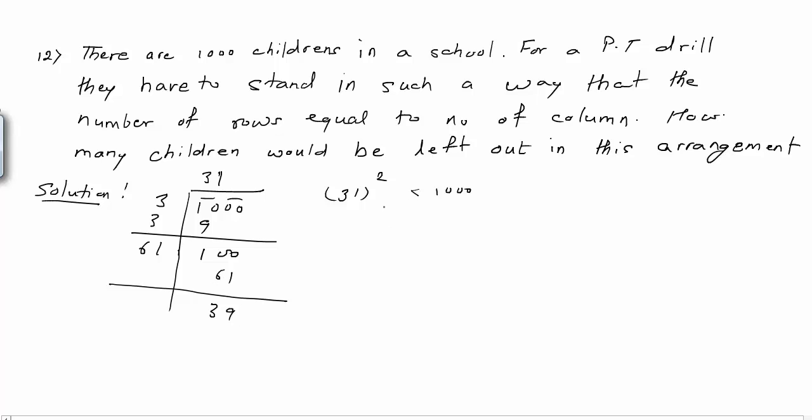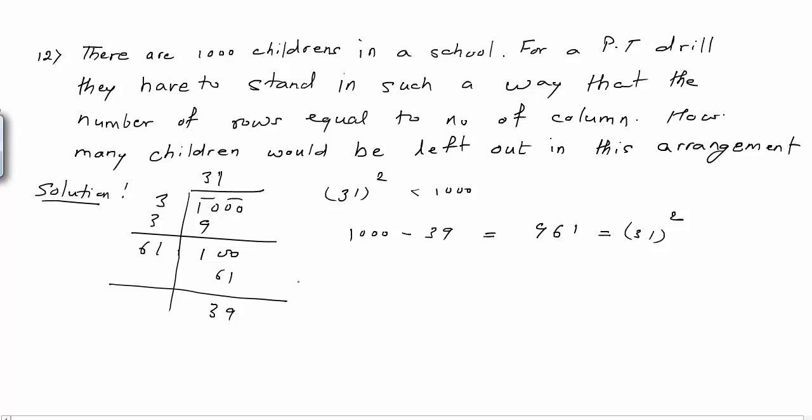So what I can say is that if I subtract this 39 from this 1000, I will get a perfect square number. So 1000 minus this 39, which is 961, and this 961 is 31 square.